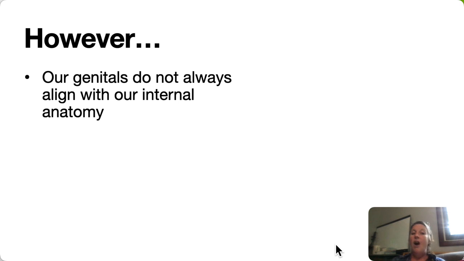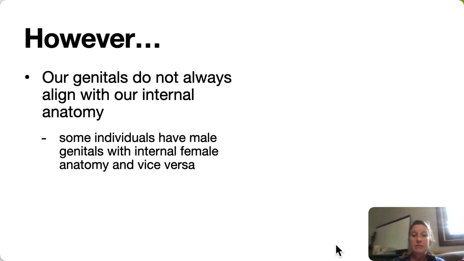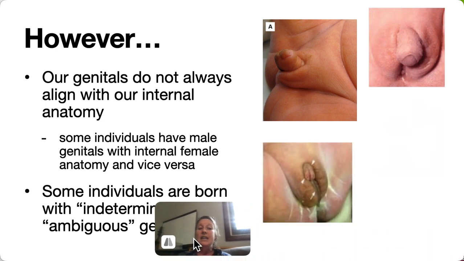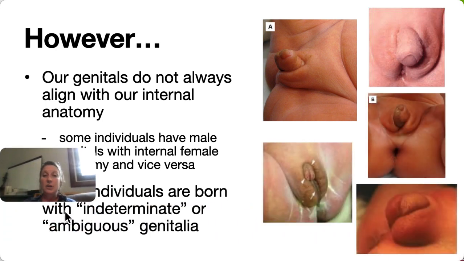However, our genitals don't always align with our internal anatomy. For instance, some individuals have male genitalia while they have internal female structures, and the other way around. And some individuals are born with indeterminate or ambiguous genitalia. Now, I've put both of these terms in quotes because if you are the owner of said genitalia, it probably doesn't feel very good to be referred to as ambiguous or indeterminate.